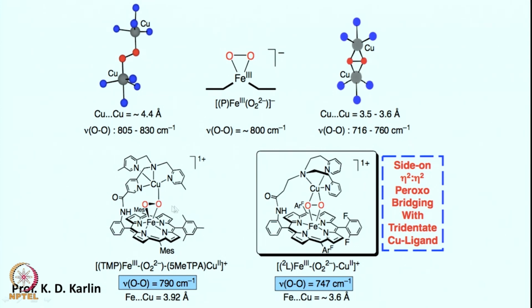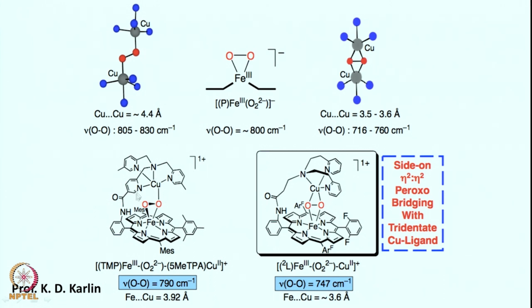Okay. Now, one thing is, so far we did not show what would be the iron copper oxygen orientation or the geometry around the copper and iron for the tridentate case, because remember this is a tetradentate ligand system, as you can see, and in the enzyme, cytochrome C oxidase, it is essentially a tridentate ligand, right.